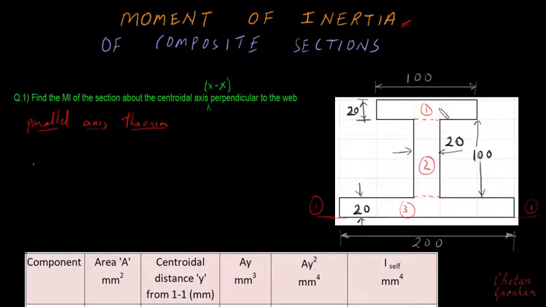Let us consider this as our area 1, this part as our area 2, and this part as our area 3. All these three areas are nothing but rectangles, so the centroid can be easily located, exactly at the geometric center. For rectangle 1, the geometric center will be exactly at the center, somewhere here.